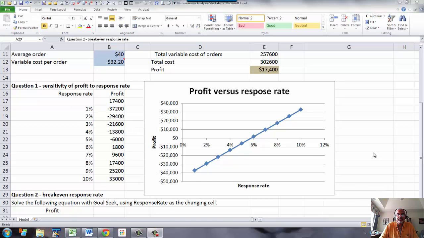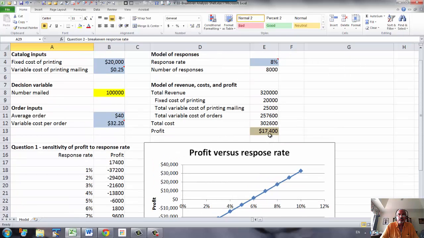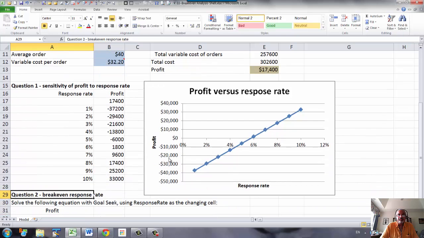The next question is at what response rate we will break even. So in other words, at what response rate will the profit be equal to 0? So here we can see that there are negative profits, that is, we are making a loss all the way up to here, and there is a transition point where we start making profit.